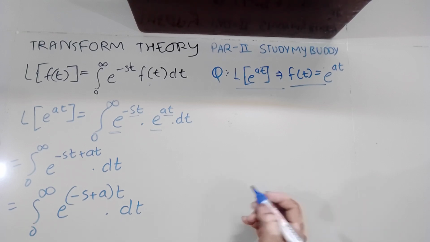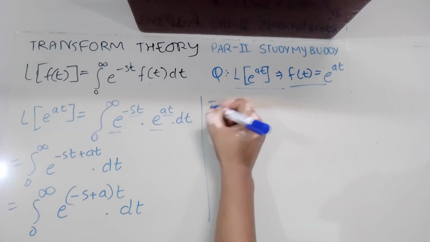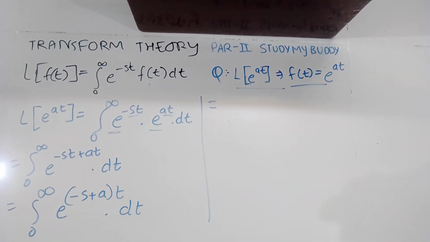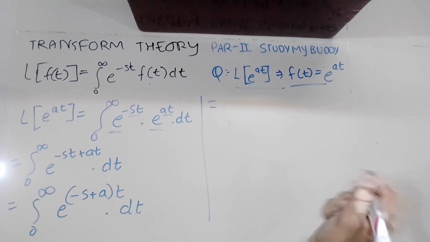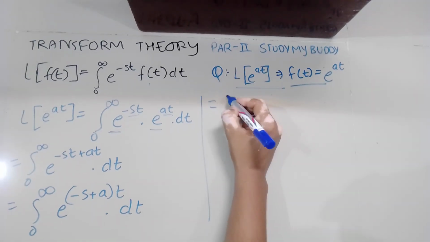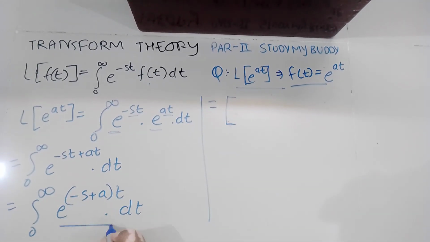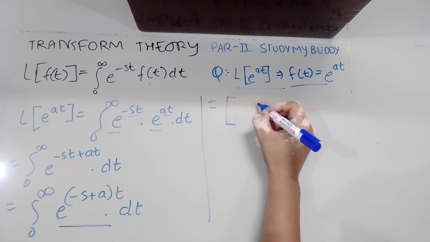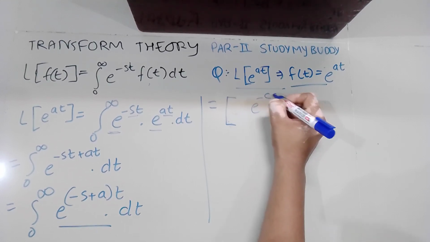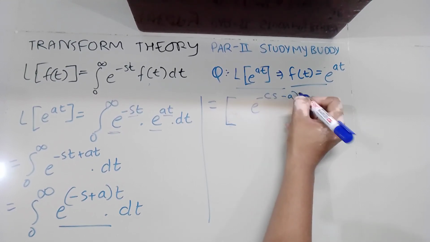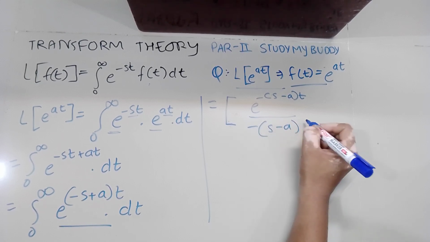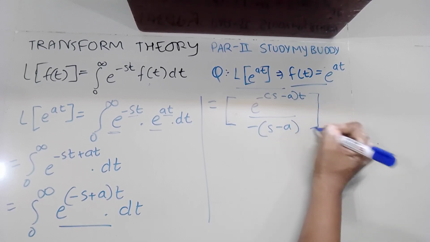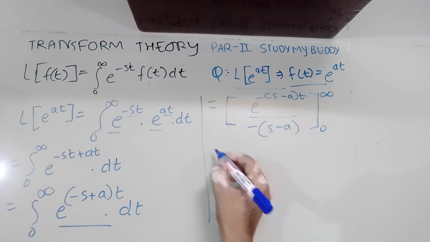Now this will be equal to, we will integrate this term and it will be equal to e to the power minus s minus a, t, upon minus of s minus a, and the limits are from 0 to infinity, right?